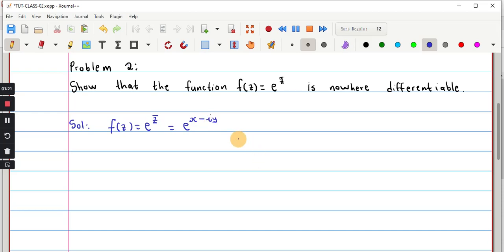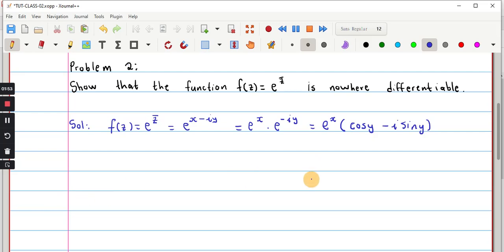And we can write this as e to exponent x times e to exponent minus iy. So this is the same as e to exponent x into cos y minus i sin y.